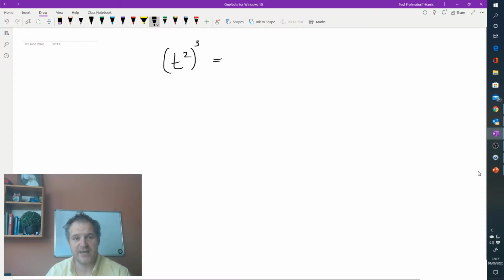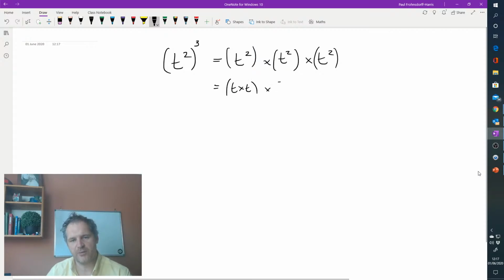So this means t to the 2 times t to the 2 times t to the 2. Because we've got three lots of them times by themselves. But we already know that the brackets are t times t times t times t times t times t.